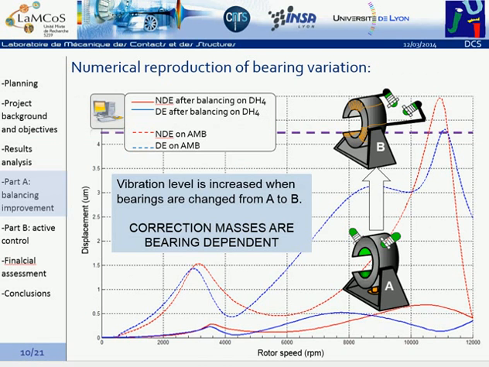So as I have said before, here we have the dynamic response to a run-up with the old bearings, and when we change to magnetic bearings, we have an amplification factor, usually in the third critical speed. So that shows that the correction masses are bearing dependent.